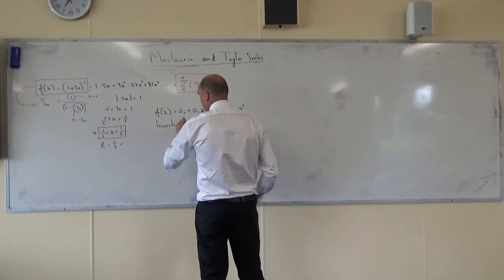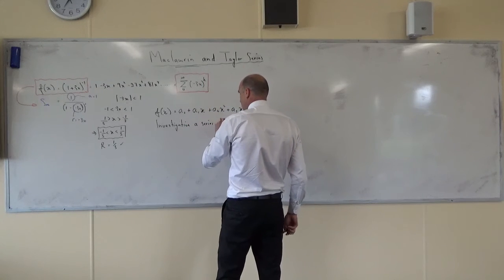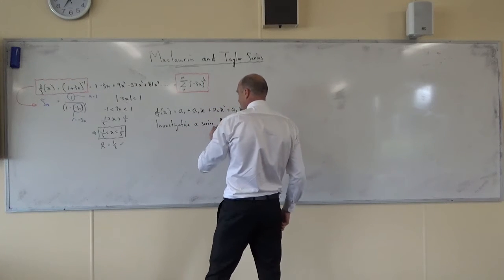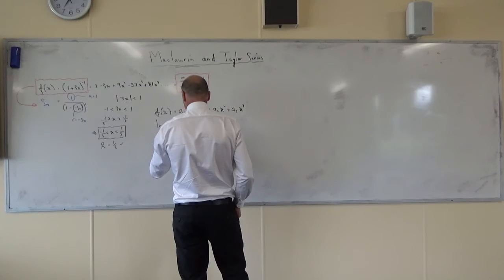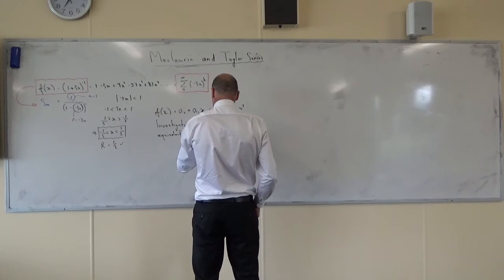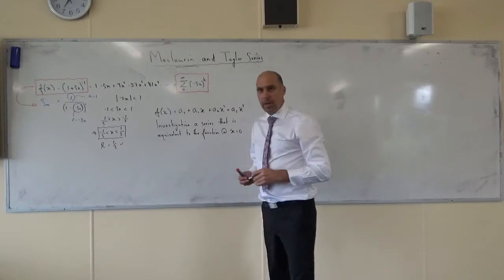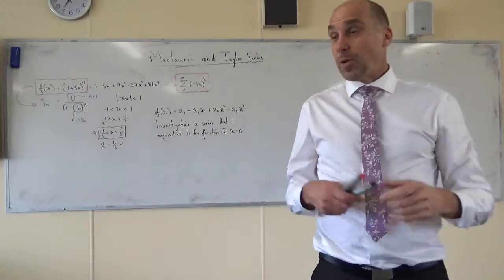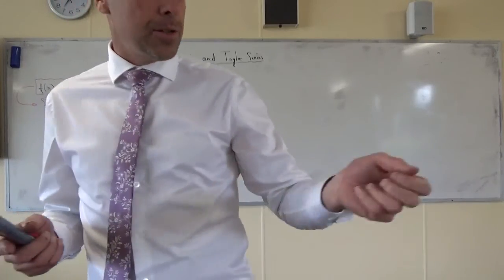I'm going to investigate a series that is equivalent to the function at x equals 0. Sometimes we can say the series is equal to the function, but we can only do that under certain conditions.